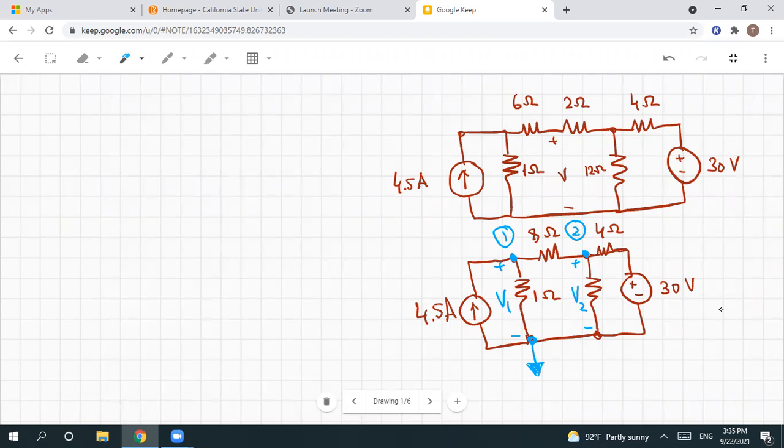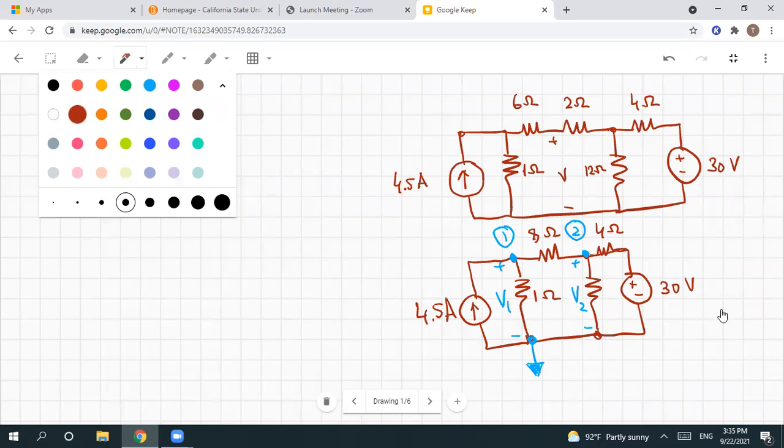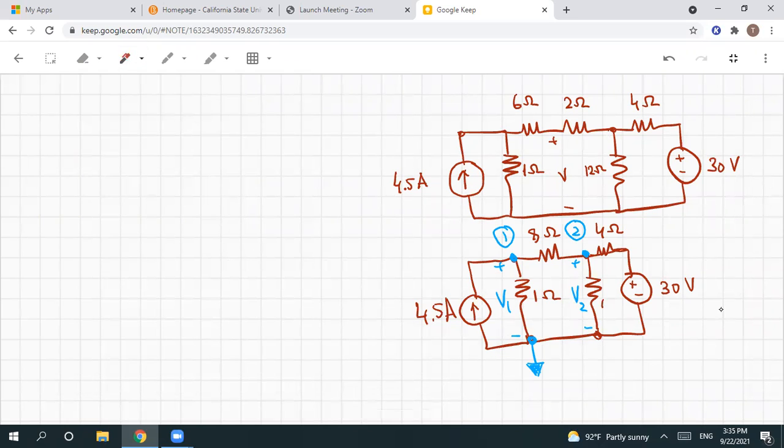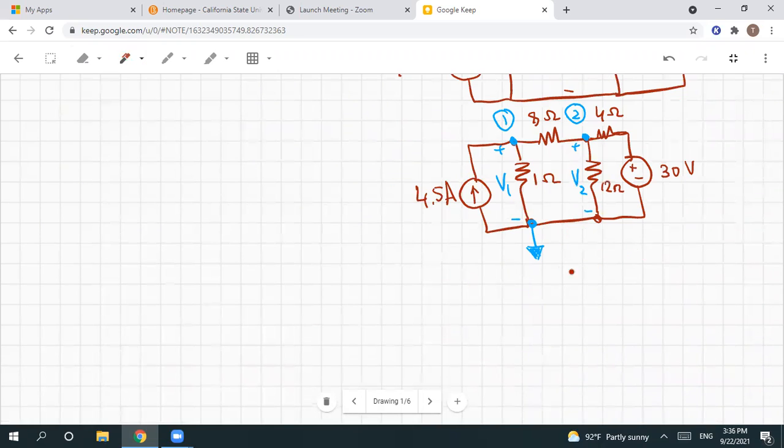And here we have the 12 ohm resistance, so let me write 12 ohm.